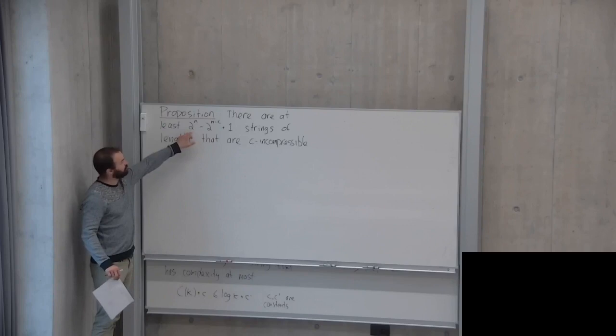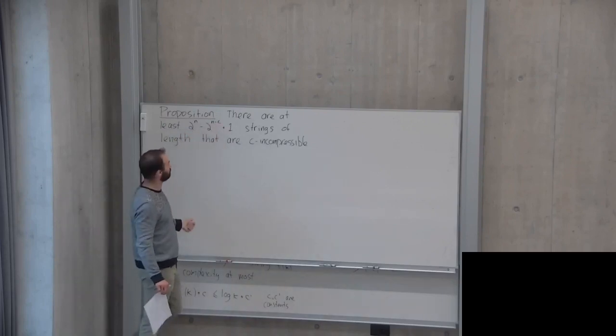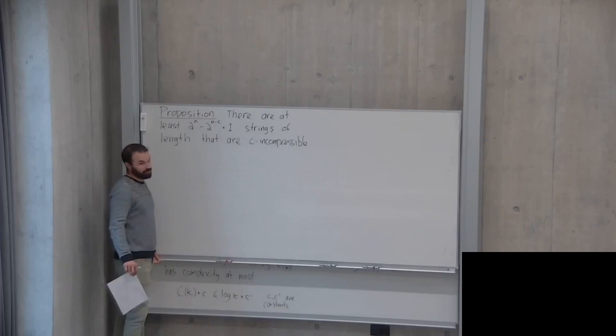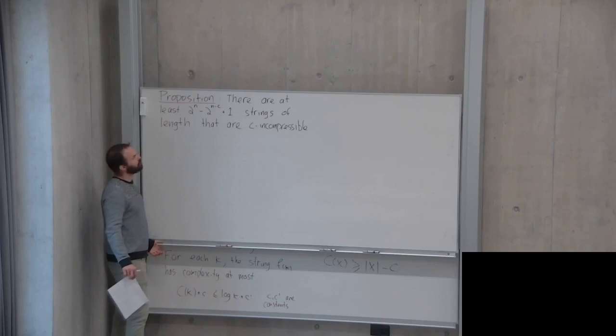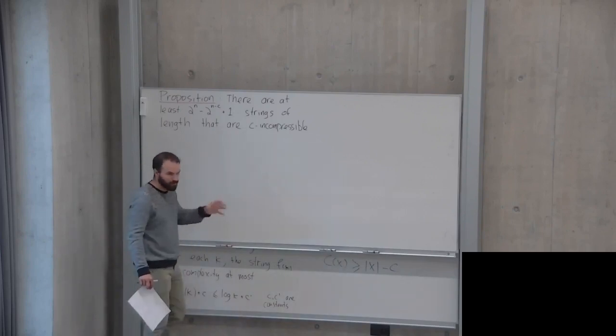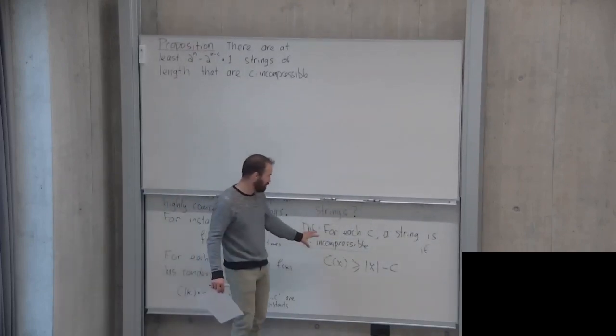So the number is 2 to the n minus 2 to the n minus c plus 1. There is a certain number of strings that are c incompressible for each n. Maybe put c equal to 0, which is the strongest form of incompressibility that we have here.